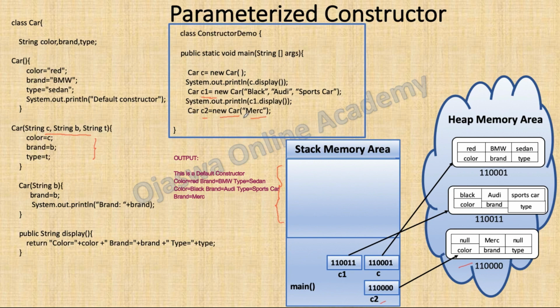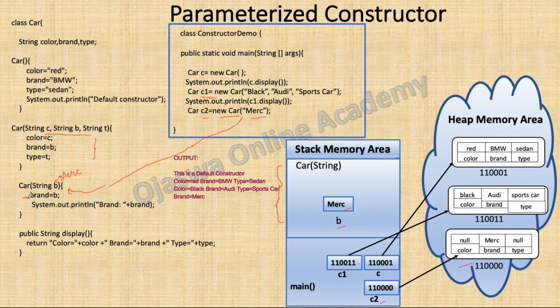Once the object is created, control of the program will go to the matching constructor over here, and the string argument we are passing is stored in this local variable. So B equal to merc. There will be a space reserved for local variables on the stack, especially for the constructor having one parameter of type string. Its local variable is B and the value passed to the constructor is stored inside the local variable.